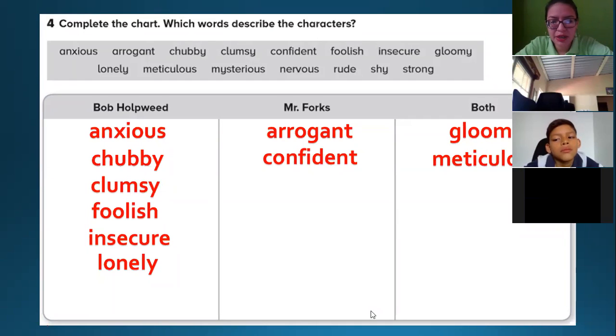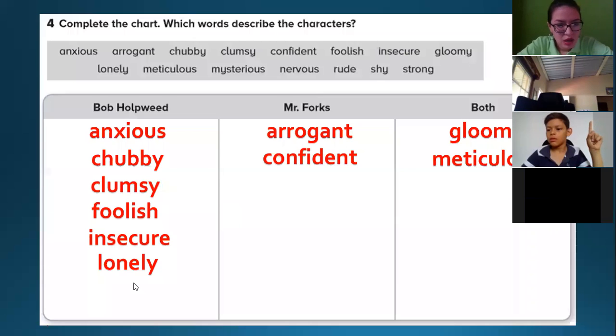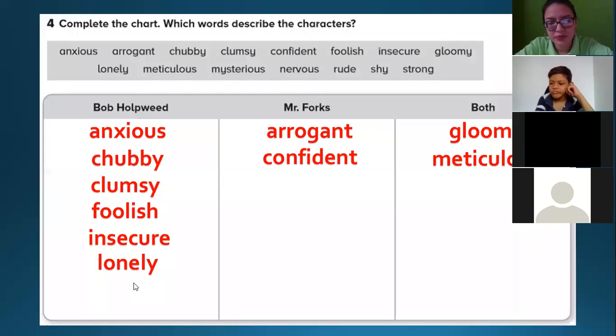Okay, another person. Okay, mysterious. Who is mysterious? Let's see, Camila, who is mysterious? Mr. Forbes. Okay, yes, Mr. Forbes is very mysterious. Excellent.